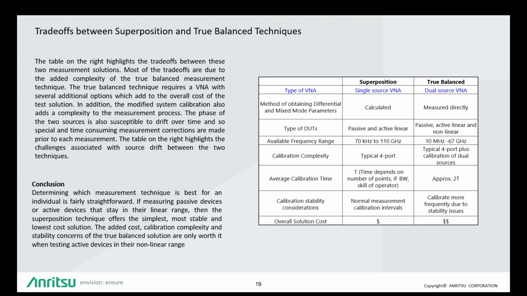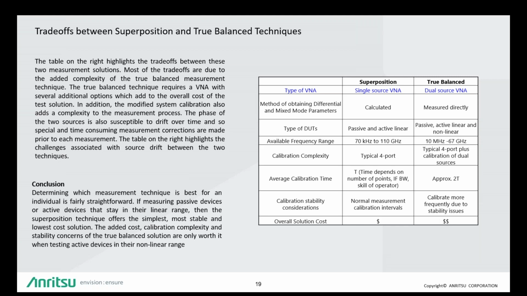And these are basically the trade-offs between the superposition and the true balanced technique. As I mentioned earlier, you have to make sure what type of device under test you're using. If it is under compression or saturation, we recommend that you use the true balance technique.